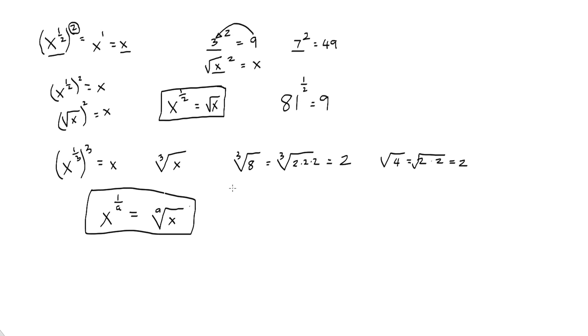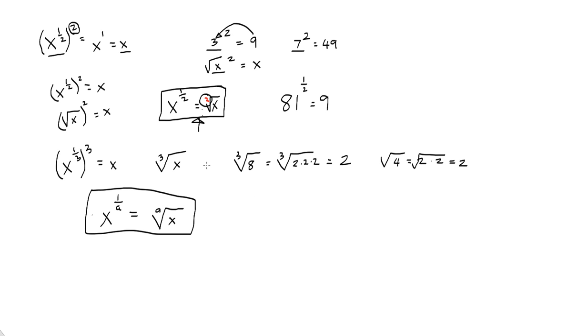You will notice, however, that when we do the 1/2 power, we don't write a 2 in here. The 2 in a square root is understood, so there's no need to write it. In fact, you shouldn't write it. The square root automatically has this 2 as a root.